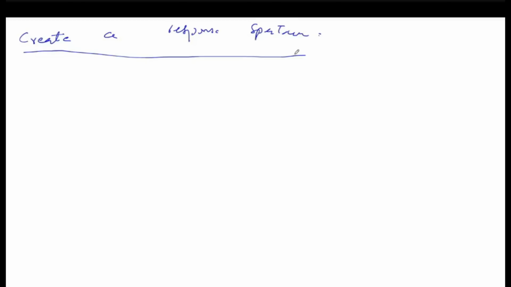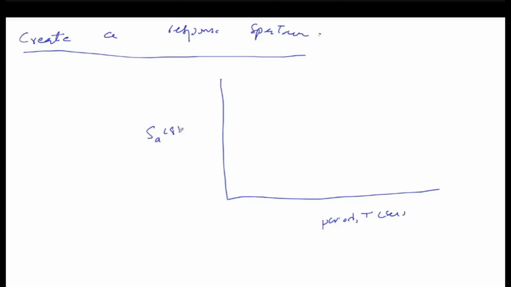Now, the first thing is to understand the typical response spectrum that we use in the modal response spectrum analysis. Let me just write here. So on the x-axis, you have the value of period. On the y-axis, we have the spectral response acceleration, Sa.